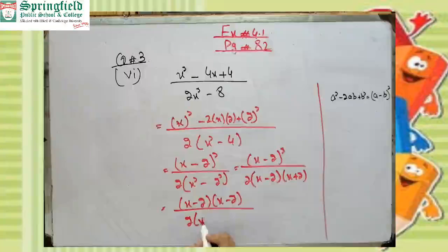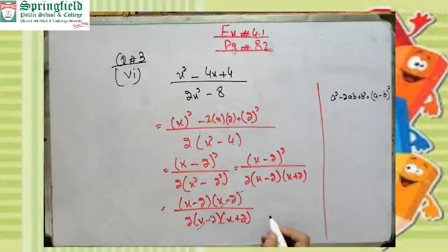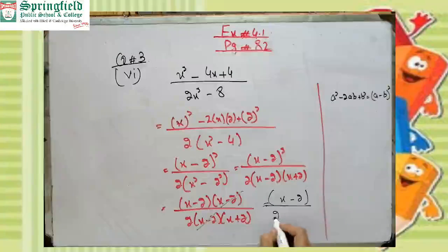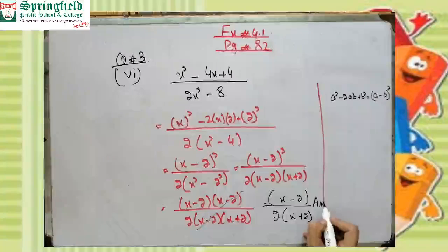Then 2, x minus 2, x plus 2. x minus 2 can be cancelled with x minus 2. Yes. So just x minus 2 divided by 2 times x plus 2 is obtained, and this is your final answer.